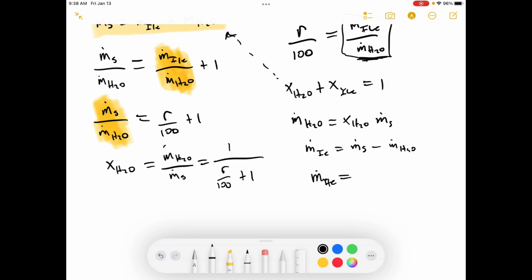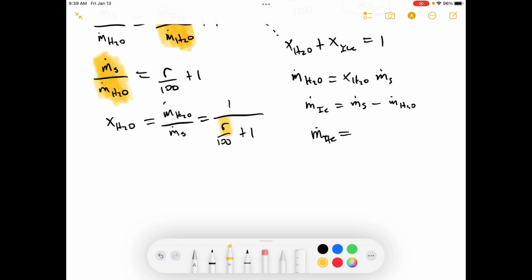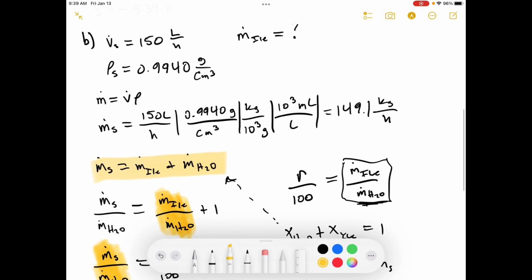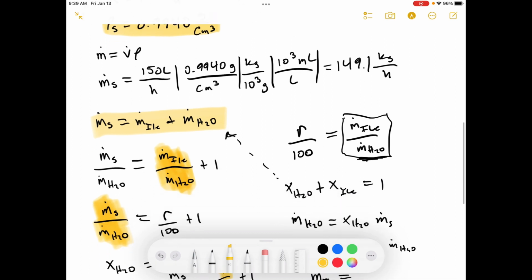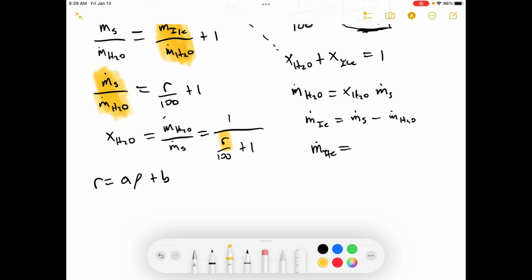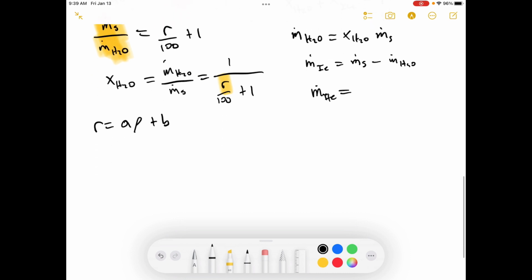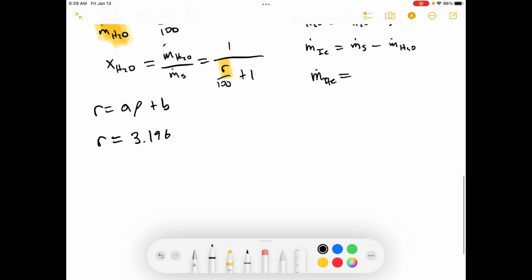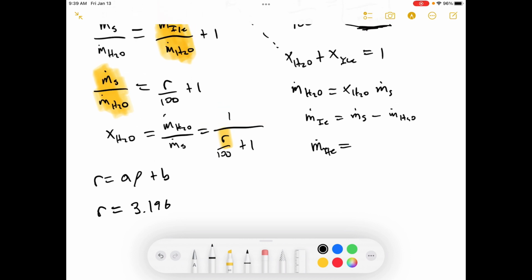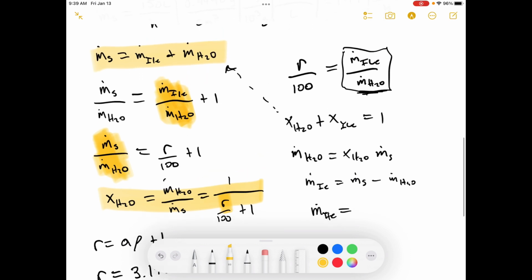In order to calculate what R is in this example, we have our function R equals A density plus B. They gave us the density right here, so we would use the solution density that they gave us and the parameters that we solved for in part A, and that correlates to an R value of 3.196, and then we put our R value into our mass fraction function and calculate the mass fraction of water, and then we know what the total mass flow rate is.